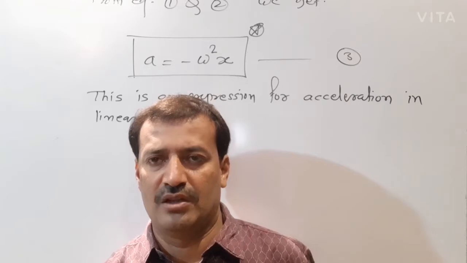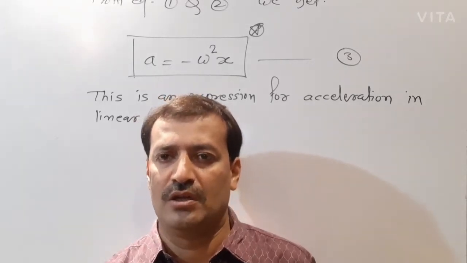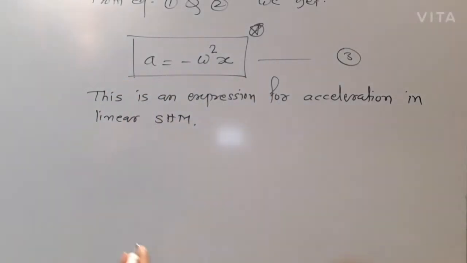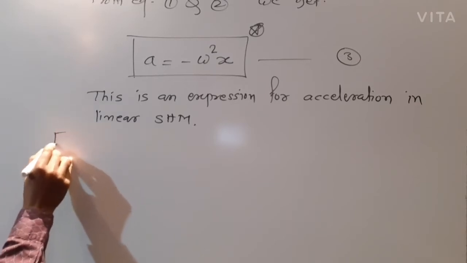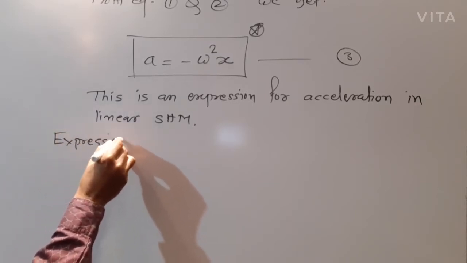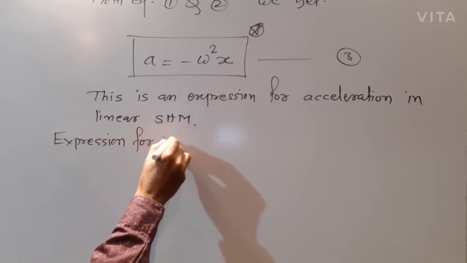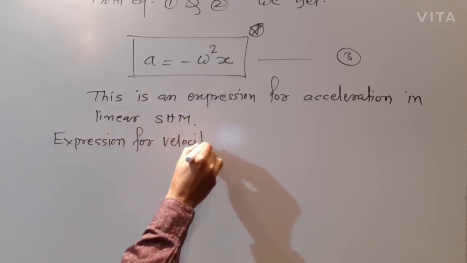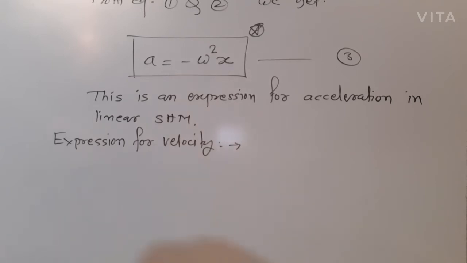After the acceleration, our next point is velocity. So write down expression for velocity. Here we are going to use the above formula for the velocity.